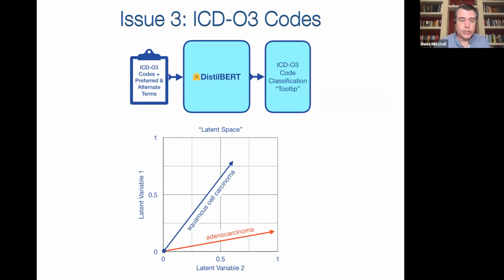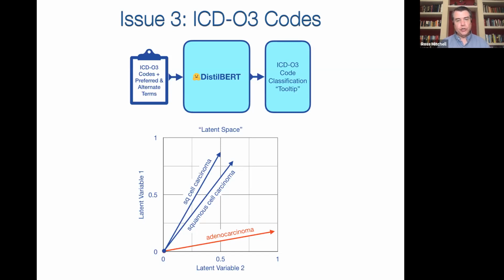But what's neat about this latent space is that alternate terms or similar terms will appear much more close to the preferred term than they will to another pathology in this space. So now we actually go through, after the system is trained, we use the latent space vectors and map them onto the closest preferred term vector in that space. So this is how we map this abbreviated squamous cell carcinoma onto the full squamous cell carcinoma.